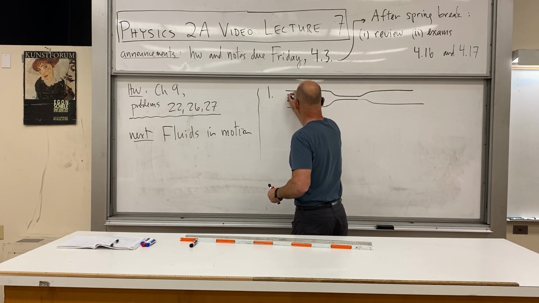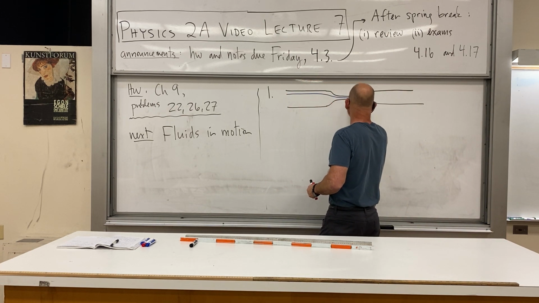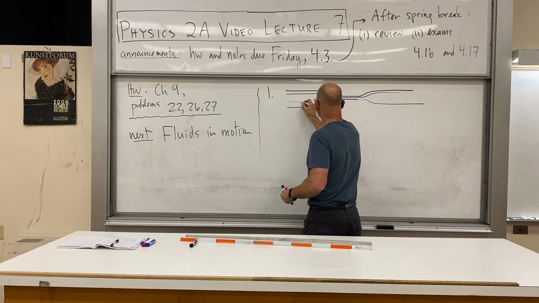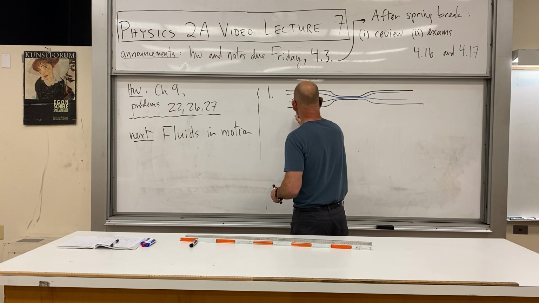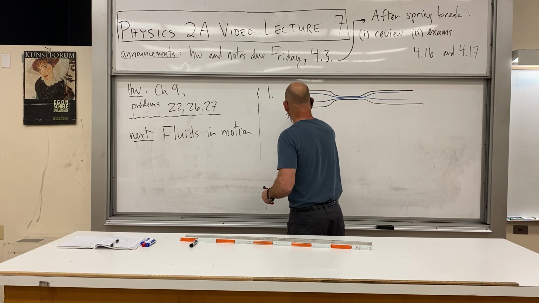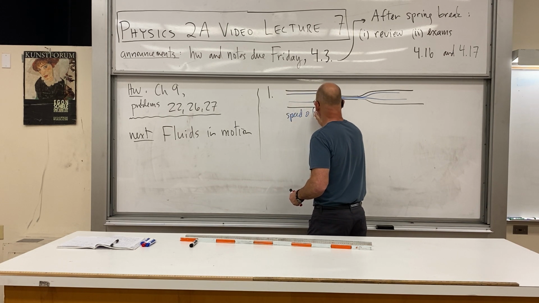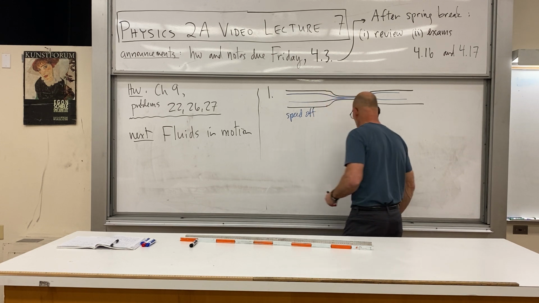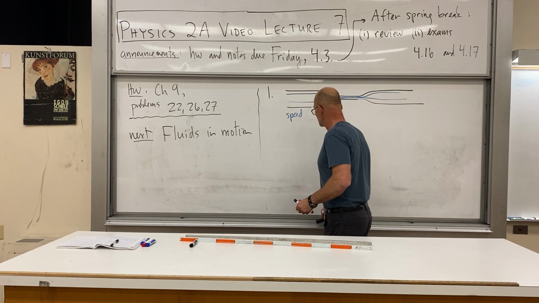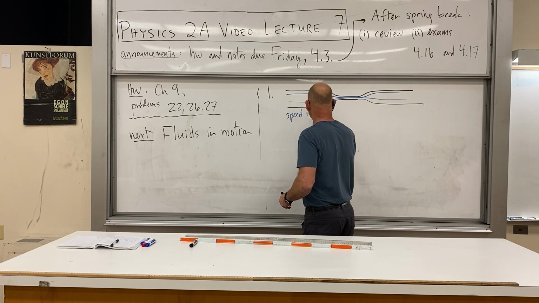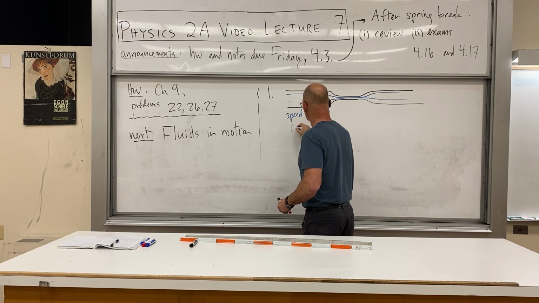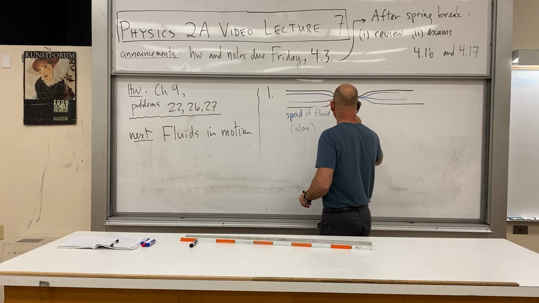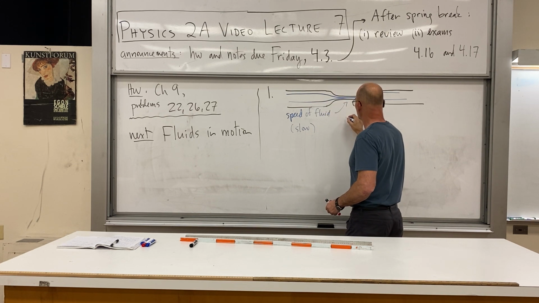You have slower, faster, slower. Speed of the fluid over here, slow, and then over here, fast.